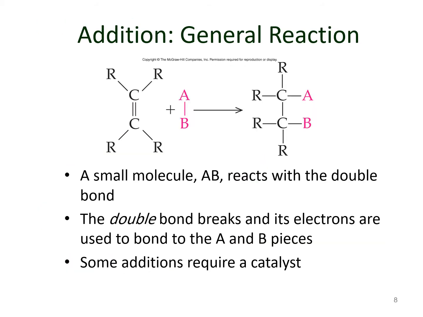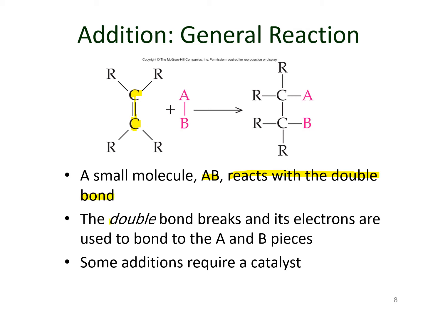So addition as a general reaction is shown in the diagram. An alkene is there with a double bond between the two carbons right here, and it is going to add up a molecule AB. How this addition usually works is, this is a small molecule AB that reacts with the double bond that is present between the two carbons.